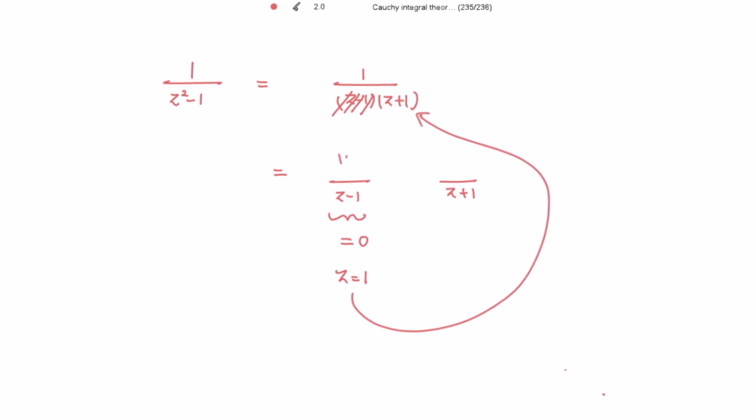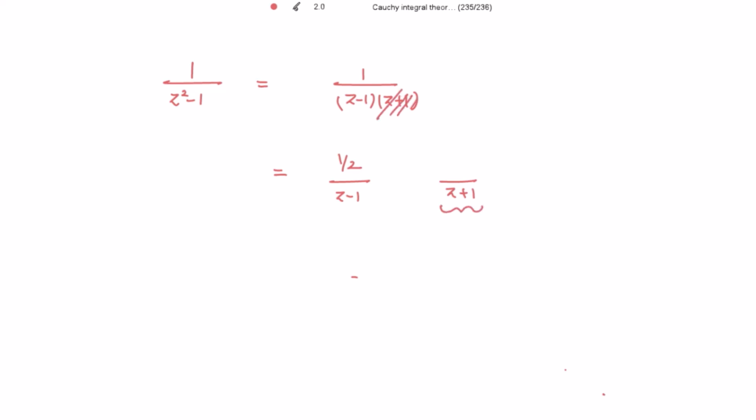So we get 1/2. Similarly, considering this denominator, hide this, and putting this equal to 0, we get z = -1. Put this value over here. We get -1/2. We can also take this minus sign over here and take 1/2 outside. That is 1/(z - 1) - 1/(z + 1).